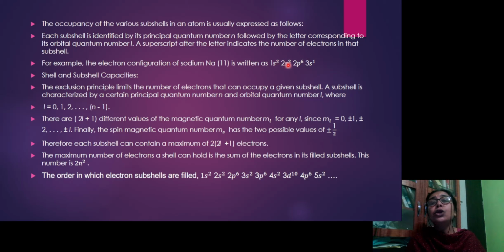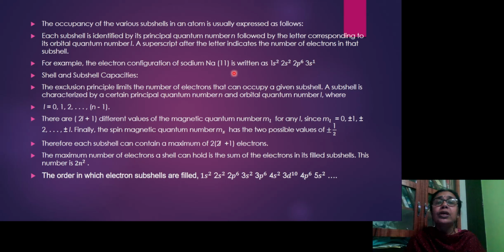Similarly, there are 2 electrons in the 2s subshell. That is, in shell number 2, this is the S subshell. In shell number 2, there is a P subshell also, and it has 6 electrons. And in the third shell, again there is an S subshell which has 1 electron.